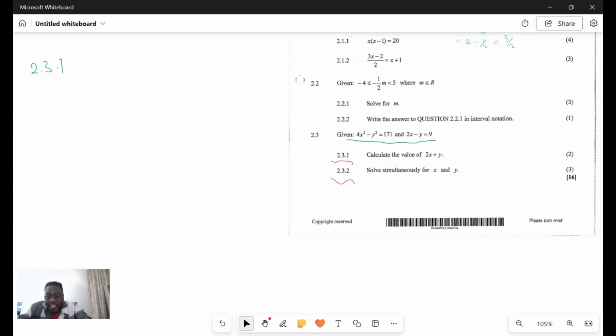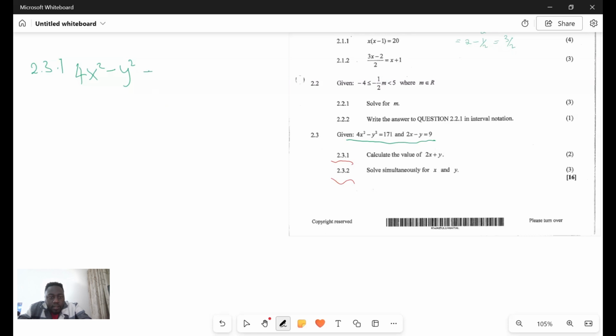Because they are saying 2x plus y, focus on what you have here, which is 4x squared y squared minus that. In doing that, you write 4x squared minus y squared, and then let me check.